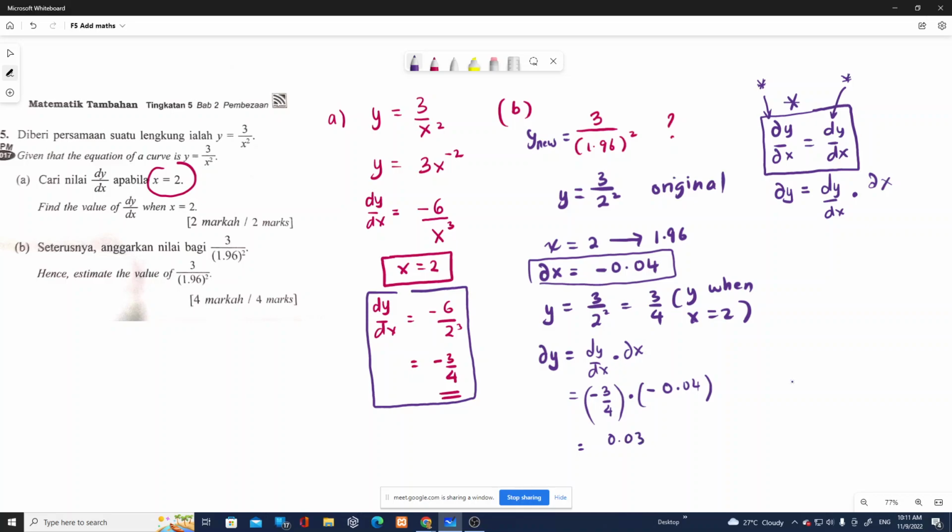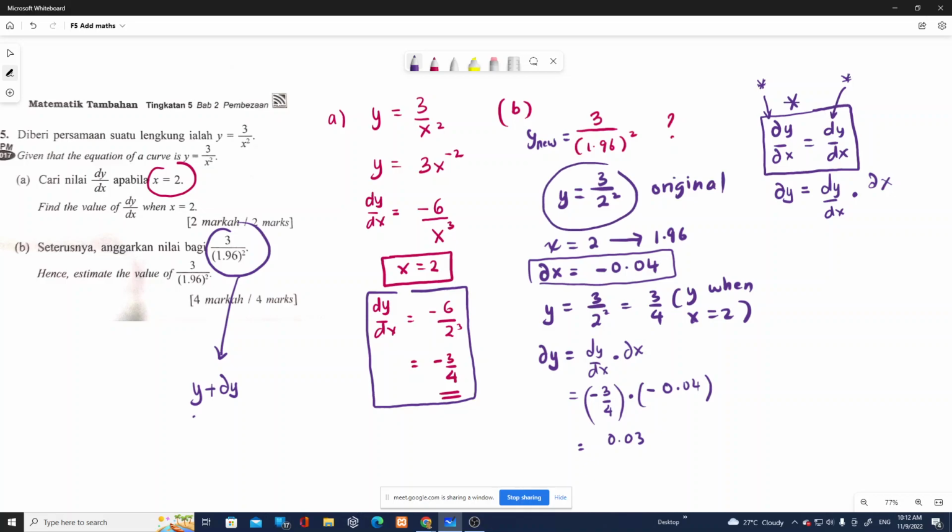Okay, so now they want to know what is the answer to this. The answer to this is actually y plus delta y. And your original y value was how much? 3 over 4, right?